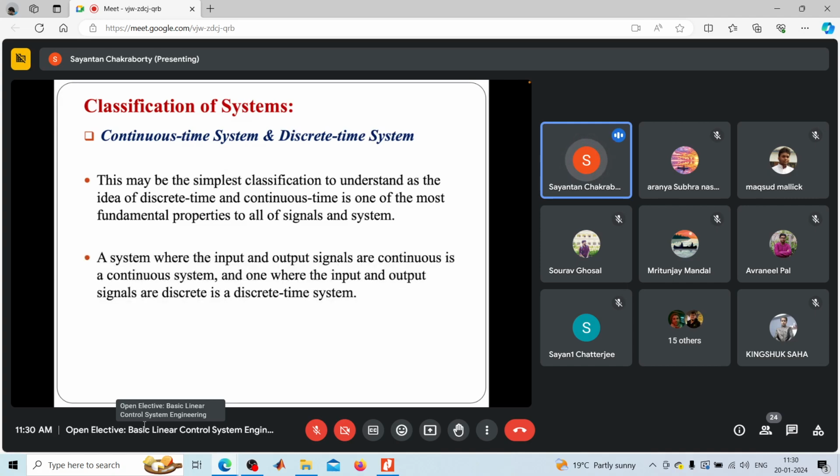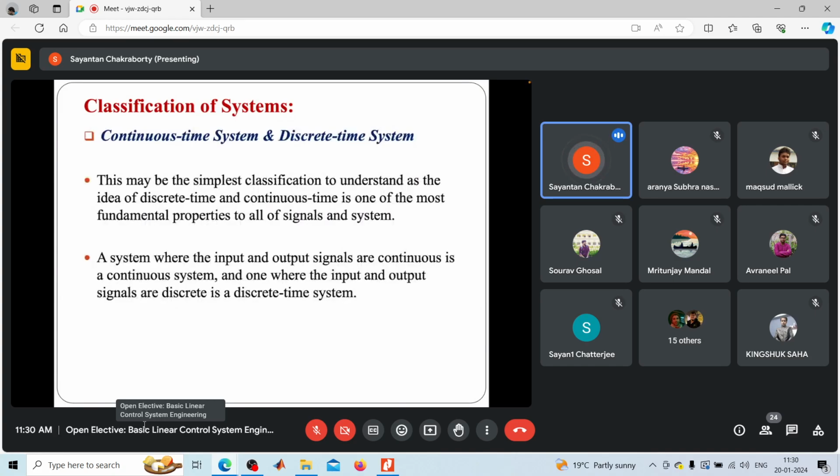Any physical system that we normally encounter is a continuous time system, where the input and output signals are always present with respect to time. There is no discontinuity. Whereas in a discrete time system, the inputs are available only at discrete intervals of time.